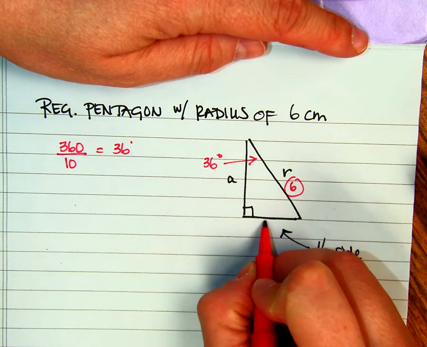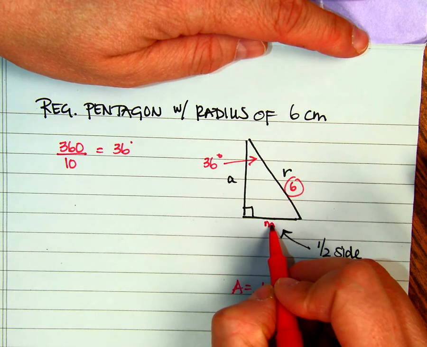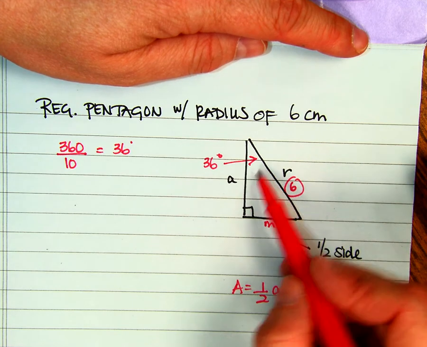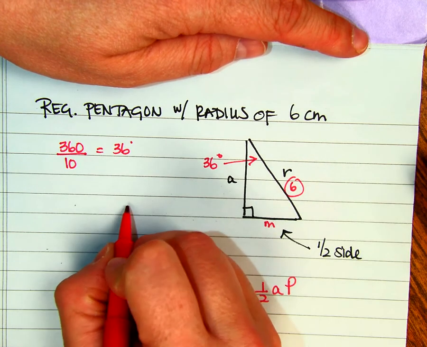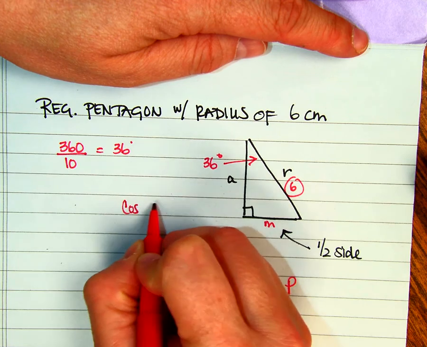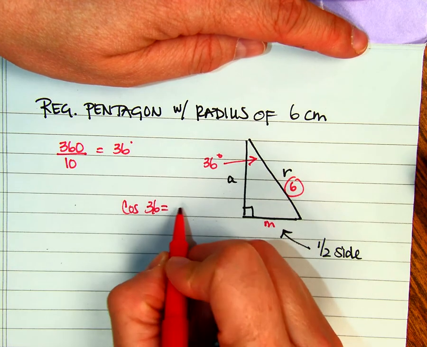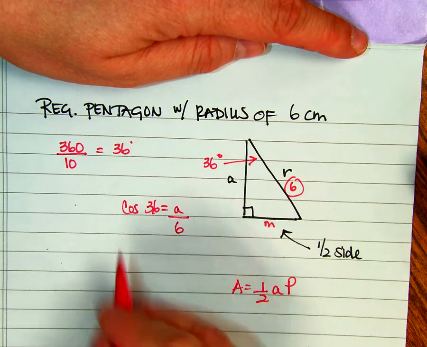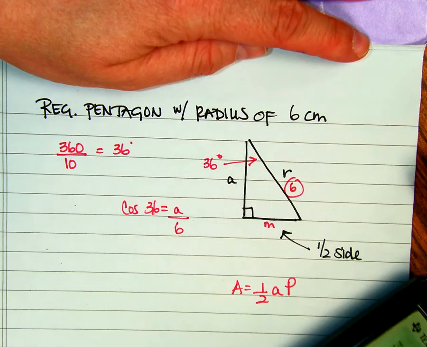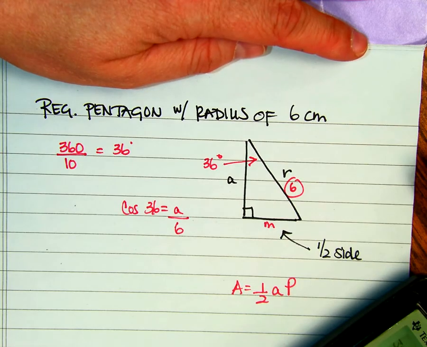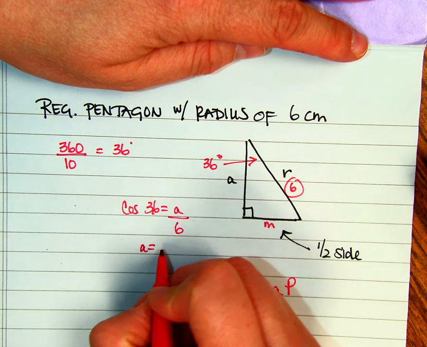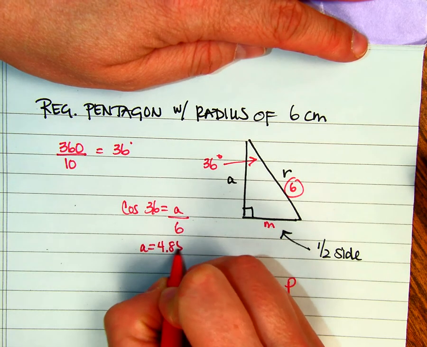I need to find this piece and this piece. So I need my apothem, so I'm going to find my cosine of 36 equals my apothem over my radius of 6. So using my calculator, I have 6 cosine of 36. Means my apothem is about 4.85.